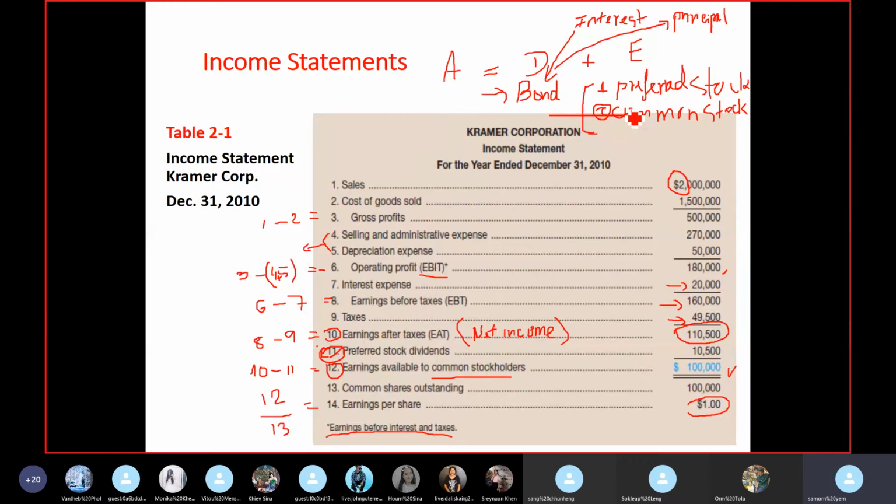So the people who buy bonds have no risk, or very low risk. But the people who invest in stock, like preferred stock or common stock, face risk. I mean, if the company loses, they also get no benefit.